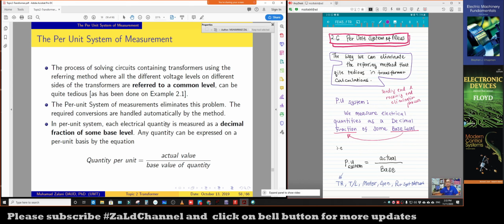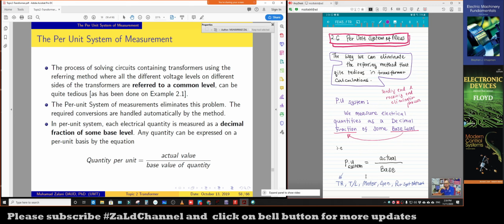The per unit system is not normally used only for transformer calculation, but also in studies about transmission lines, motors and generators, which are the electrical machines also discussed in this course, and also the power system, the power delivery system.